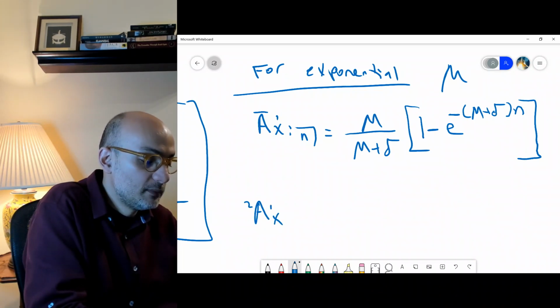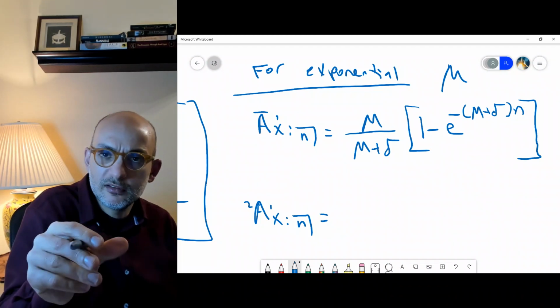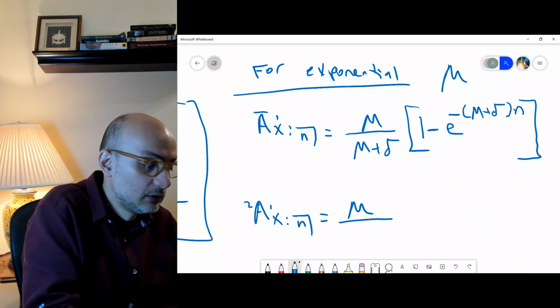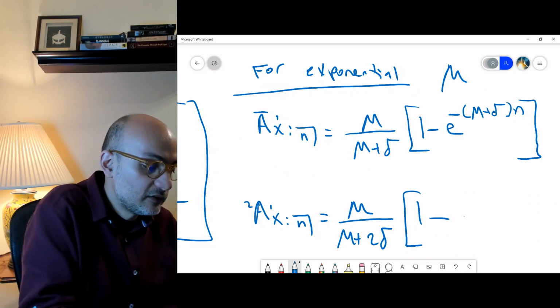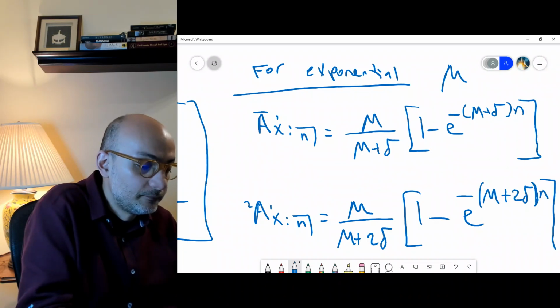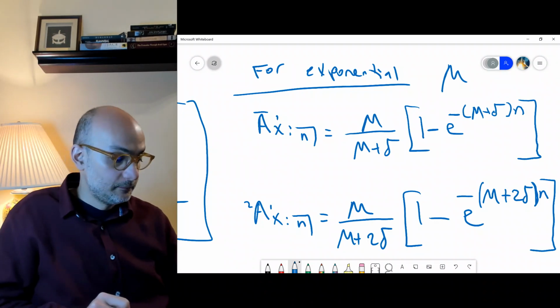The second moment for the term insurance, all you need to do is the same, everything is the same, but delta becomes 2 delta. So same logic: μ over μ plus 2 delta, multiplied by 1 minus e to the minus μ plus 2 delta, everything in the parenthesis multiplied by n, right?